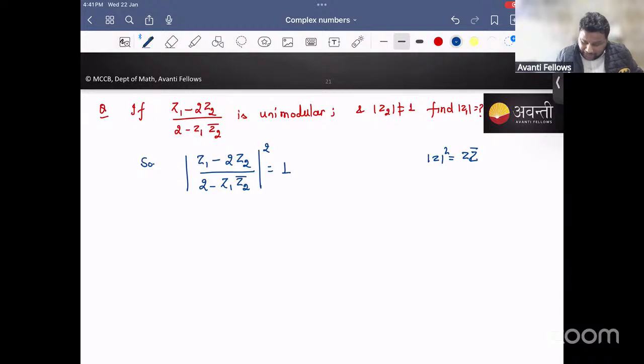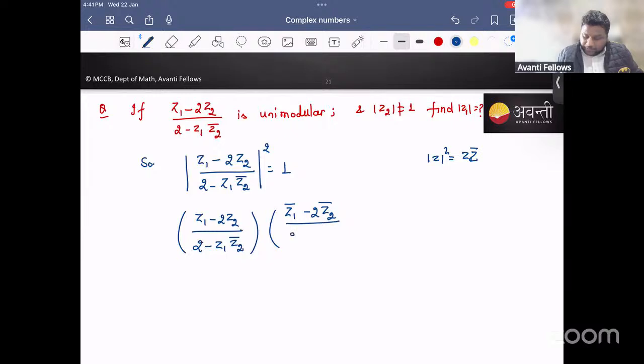So I can write it as (z1 minus 2z2) upon (2 minus z1 z2 bar) into its conjugate, so (z1 bar minus 2z2 bar) upon (2 minus z1 bar z2). This is going to be 1.